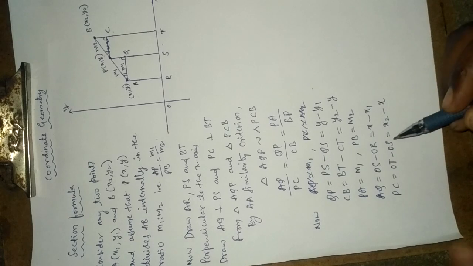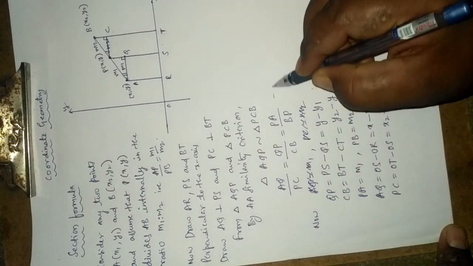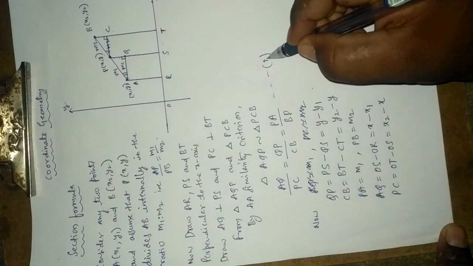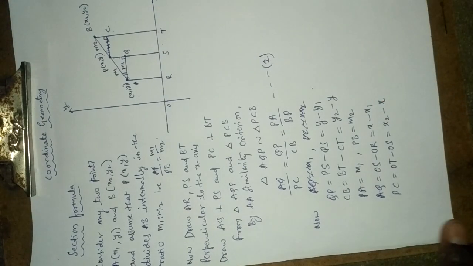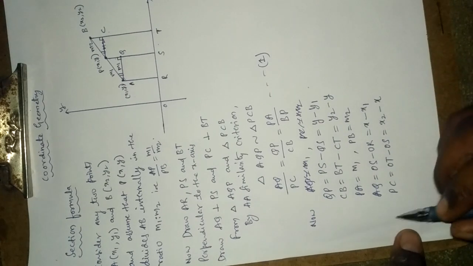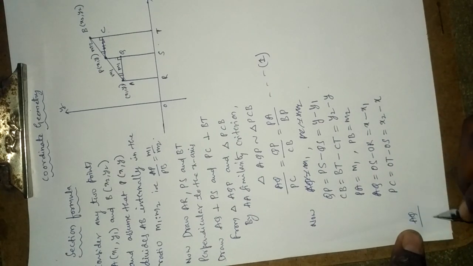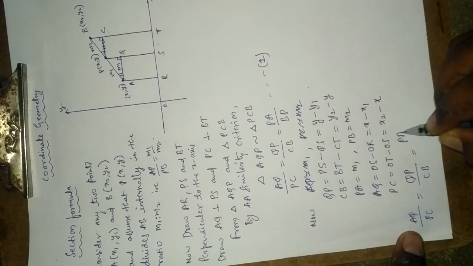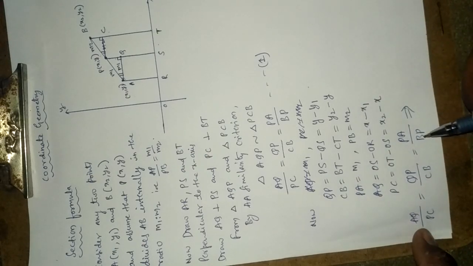Now whatever the values we derived here, this one you have to call as equation number 1. These all values we have to substitute in this equation number 1. What is equation number 1? AQ divided by PC is equal to QP divided by CB, which is equal to PA divided by BP. So if you substitute according to this, then what happens?